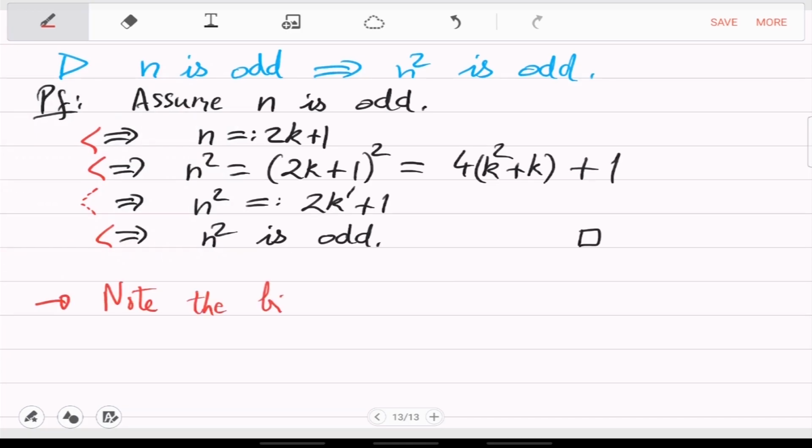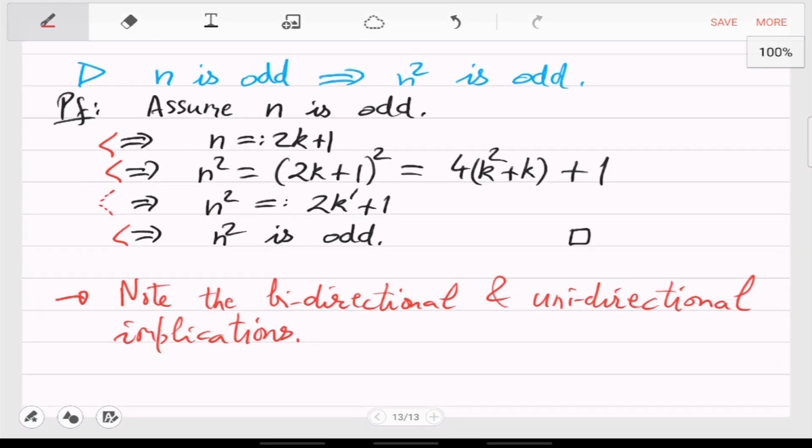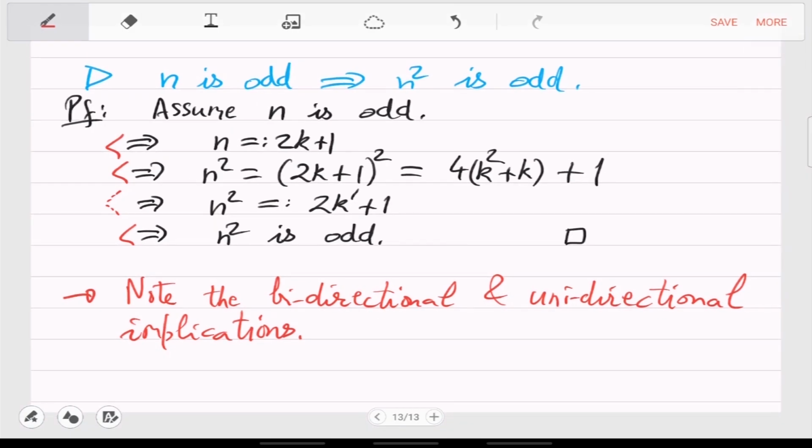So note the bidirectional implications. Okay, right, and one more notation.